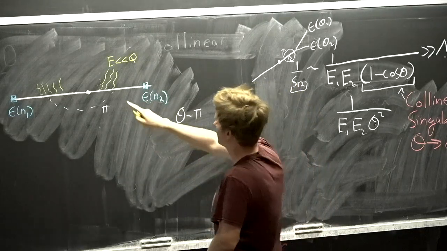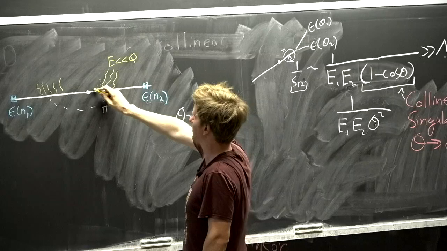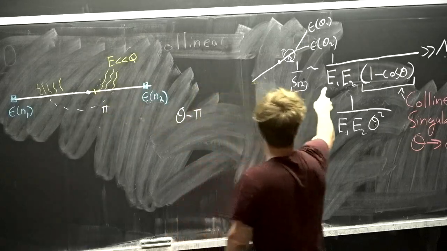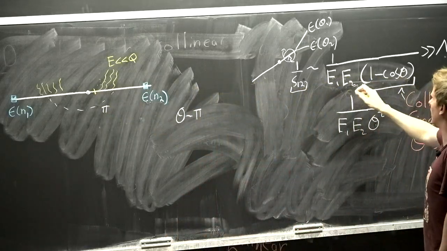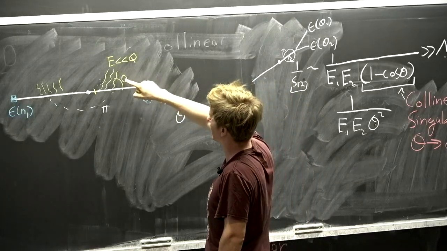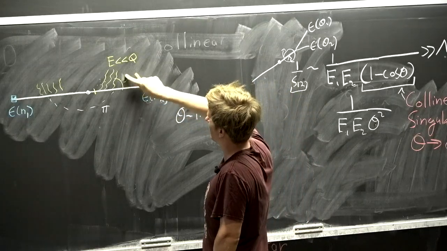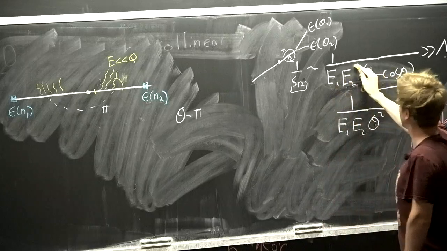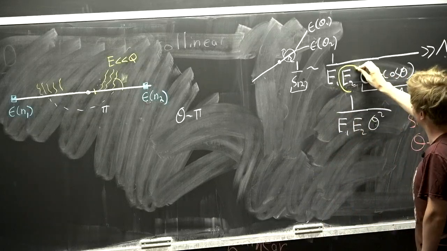Because they are very soft, the propagator here has exactly the same expression as this, but now these things can be at wide angles. So this angle here can be large, and you get a singularity as this energy goes to 0.